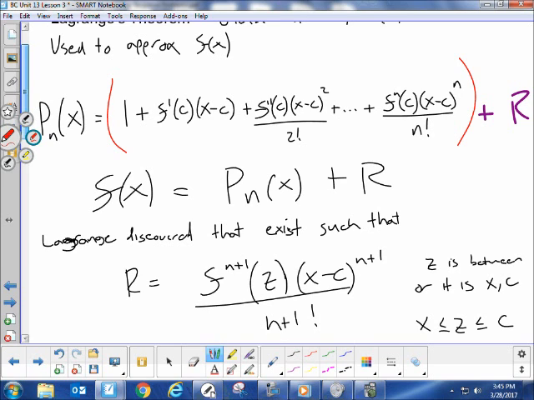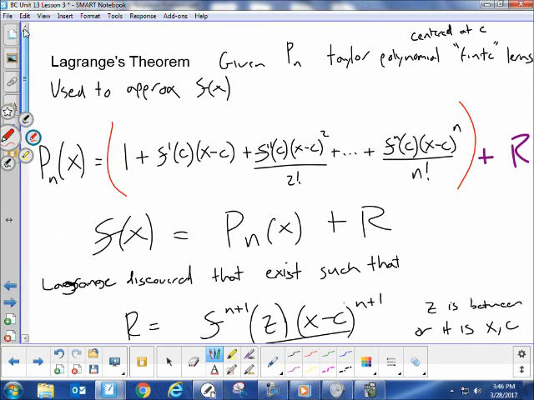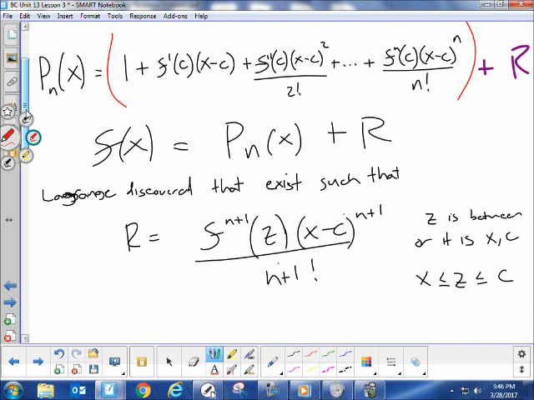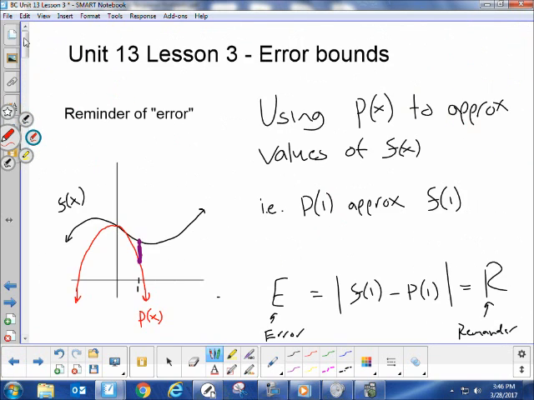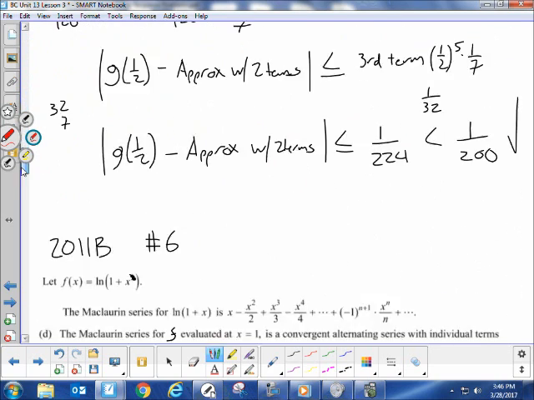Okay, well, if you think about it, if we know this value exists, and it does exist, even though I didn't show you it exists. If we know what the maximum value this could be, because this isn't going to change and this is going to change, well, then we know what our error is going to be bounded by. And Lagrange's theorem, which just says this R is some next value that exists, well, now we know what the error is going to be bounded by.